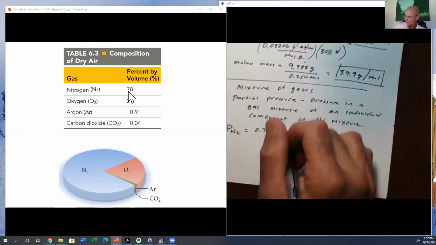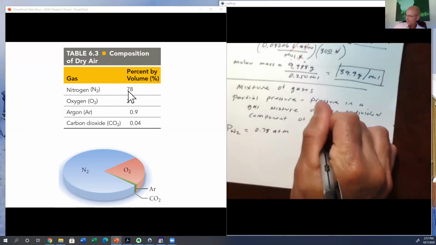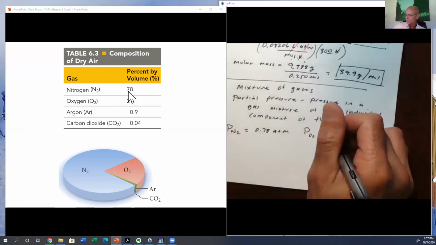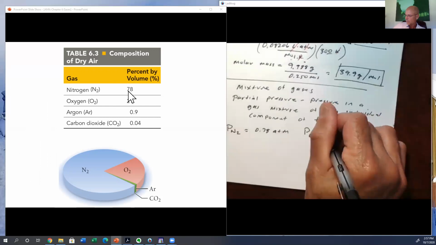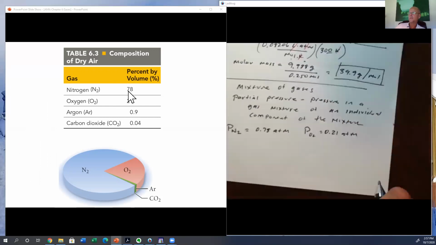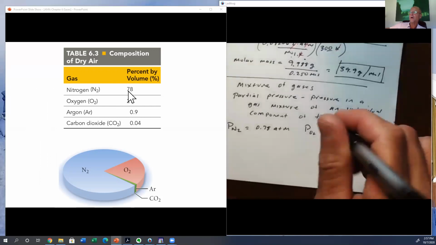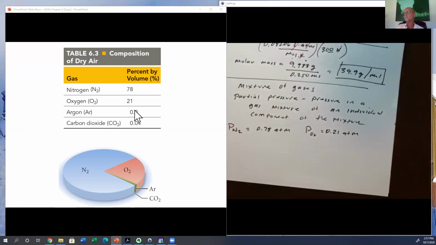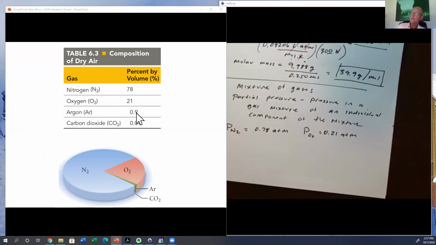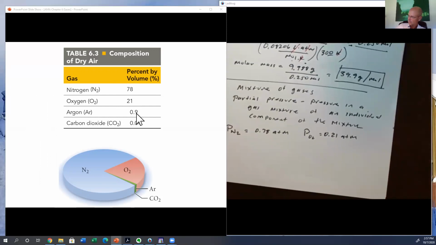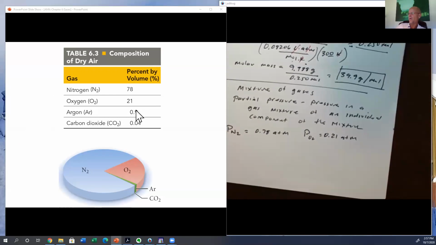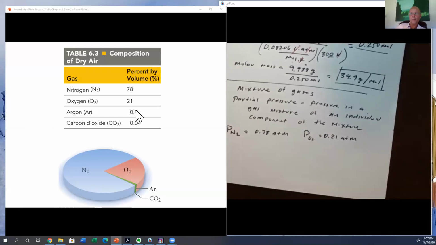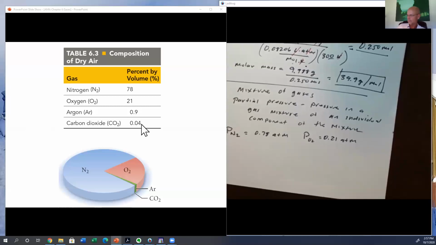And a partial pressure of oxygen that's 21% of the total, so that's equal to 0.21 atmospheres. And a partial pressure of argon that would be equal to, oops, that should be 0.009 atmospheres, and so on.